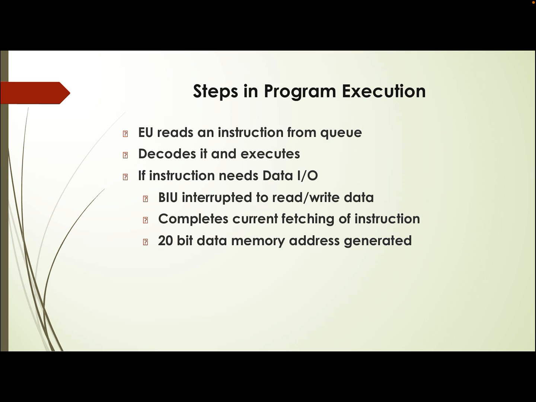The execution unit reads the first instruction from the queue, in first in first out manner. The first 2 consecutive location instructions are read by the execution unit. Then this instruction is decoded and executed by the ALU, the arithmetic logic unit.